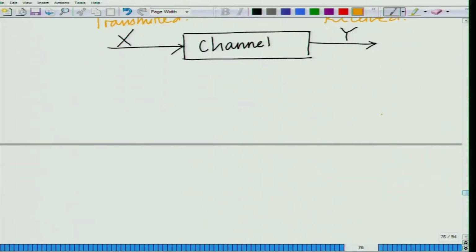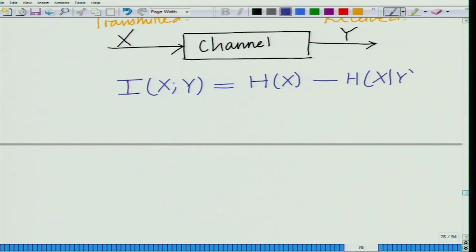Okay. Now, if I look at the mutual information between x and y, it is basically the information in x, H(x), minus H(x given y).